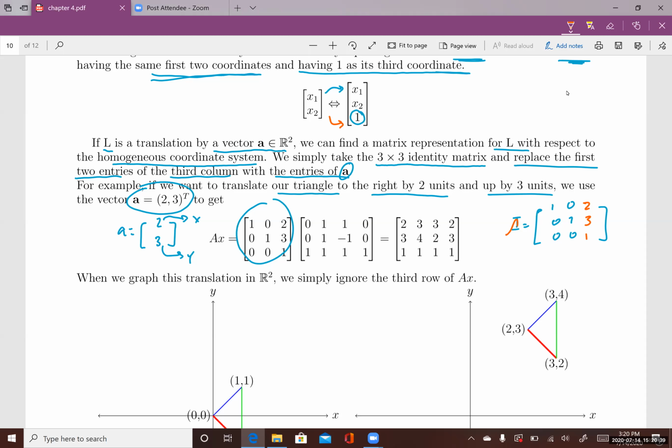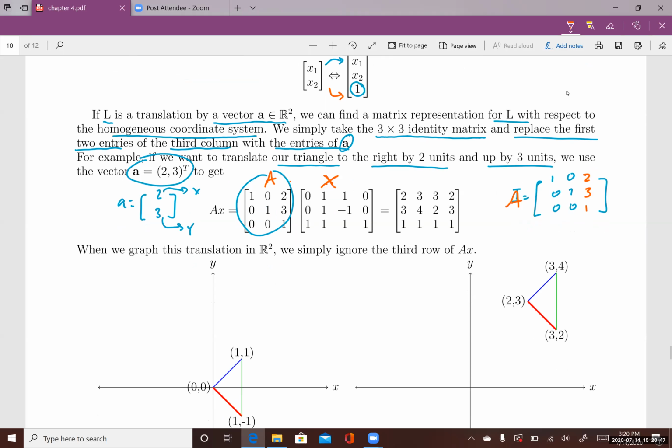Okay, so this is A. We have A, and we have the original matrix for our triangle. If you look at the first two rows, it's the same as the matrix that we came up with earlier, but the last row is filled with ones.